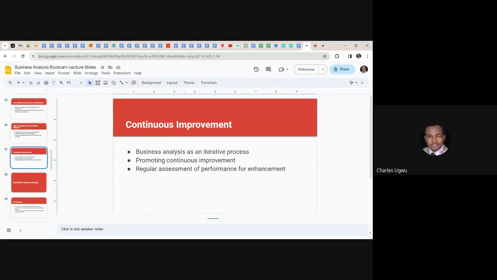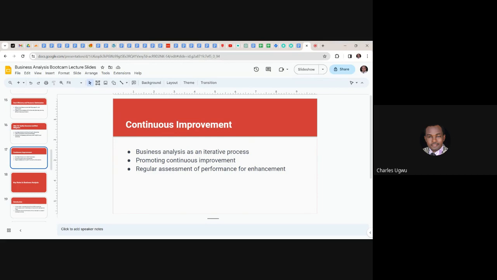In order to get the optimum value from the investment, you make sure your company is always updating their system, using the latest version, because every version must come with additional value. So you must make sure that it's a continuous improvement to add more value.